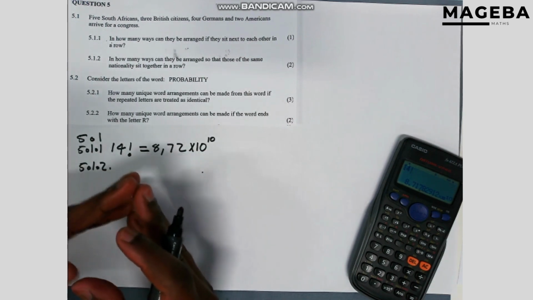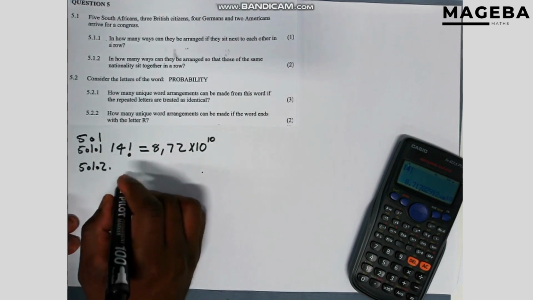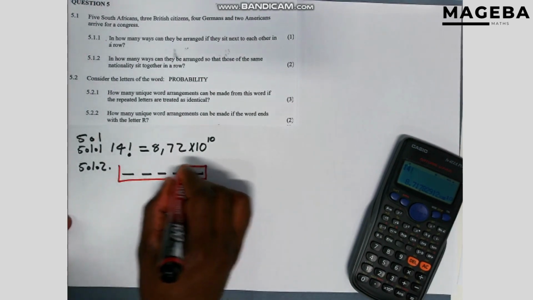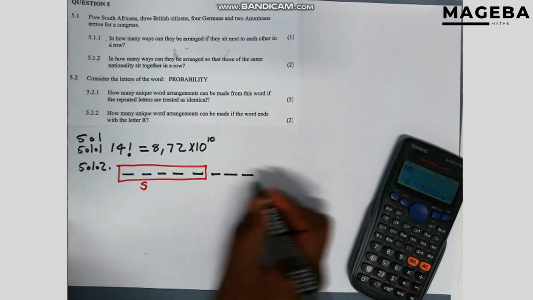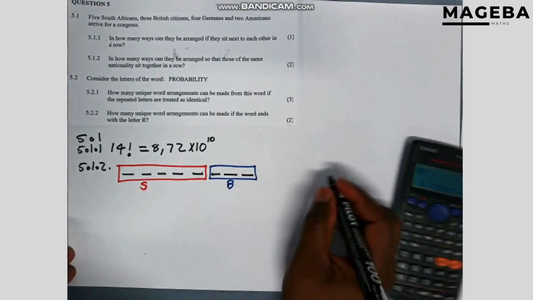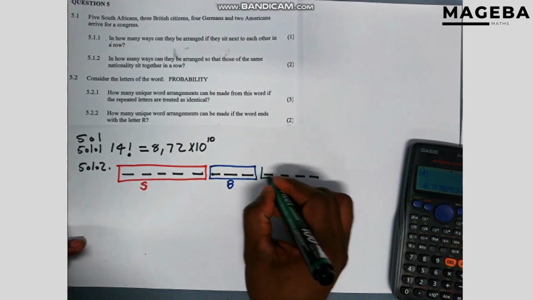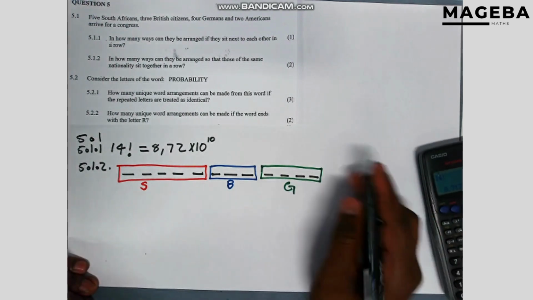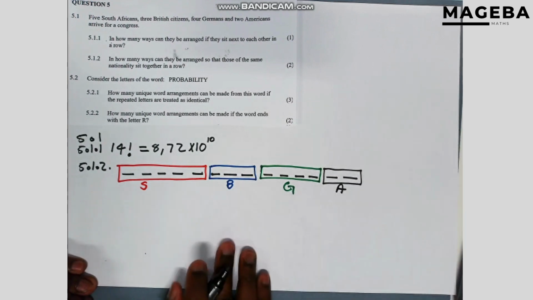So 5 South Africans are going to be together, 3 British together, Germans and Americans together. So we have 1, 2, 3, 4, 5 South Africans, then 1, 2, 3 British, then 1, 2, 3, 4 Germans, and 2 Americans. This is how I have it.